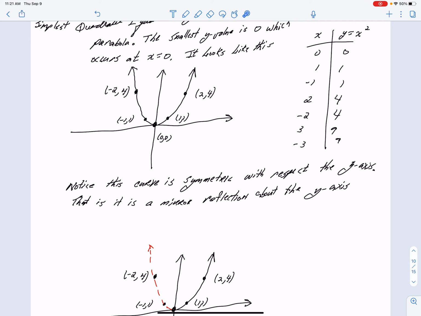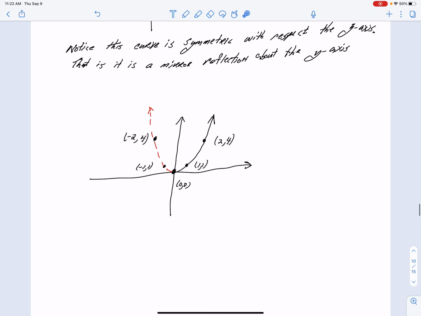You'll notice something about this parabola. In particular, it is symmetric with respect to the y-axis. What do I mean? I mean, if you take this part of the curve and you reflect it about the y-axis, you get the second part of the curve. So the right half is a mirror reflection of the left half.